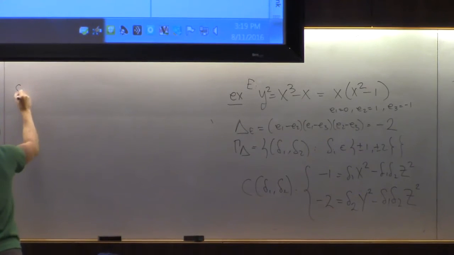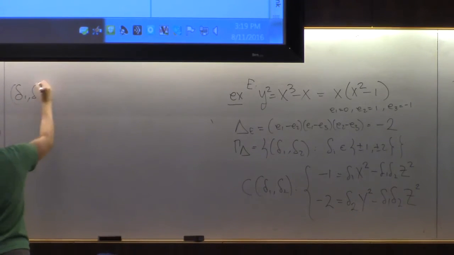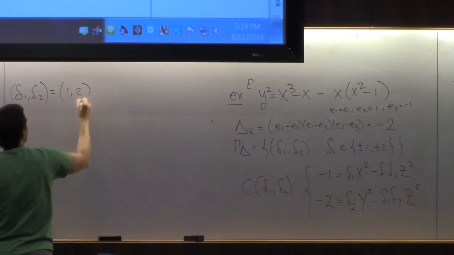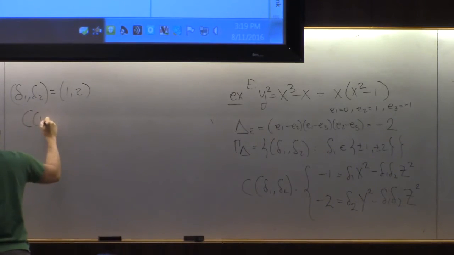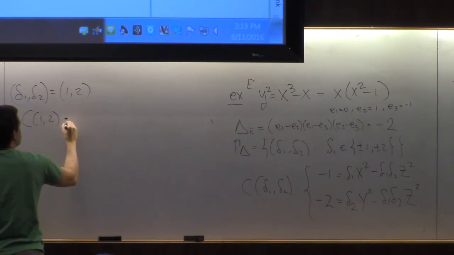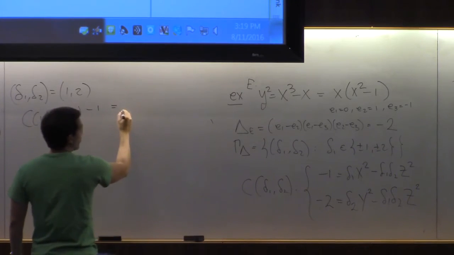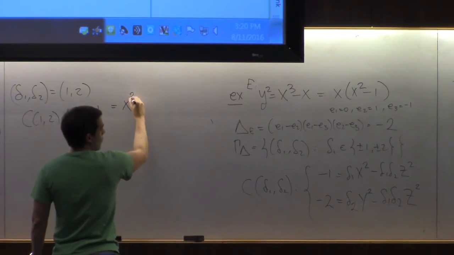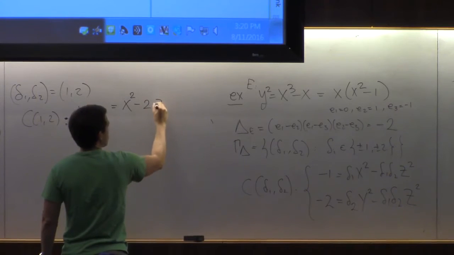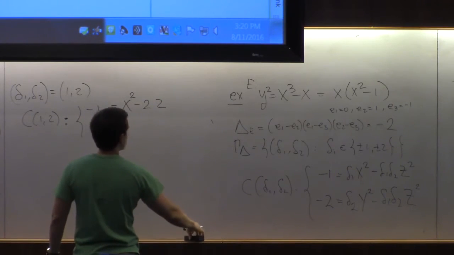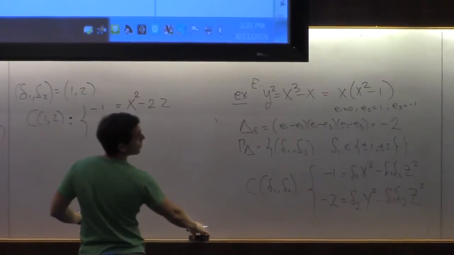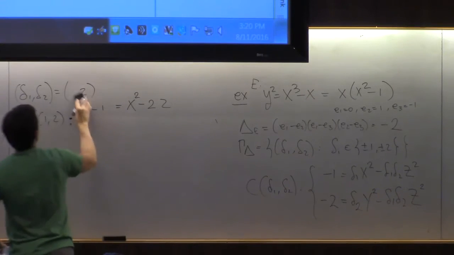So what about (1, 2)? The space C_{1,2} is -1 equals x squared minus 2z. No, it's (2, 1).